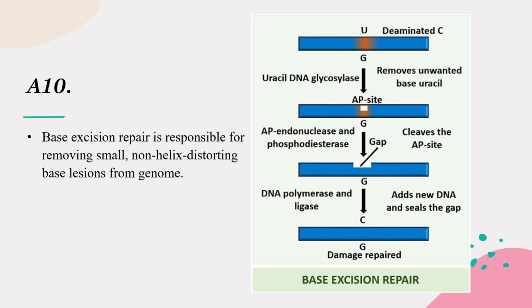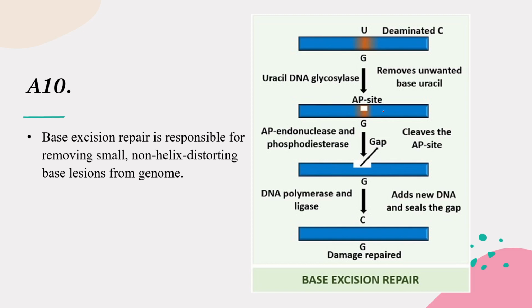AP site means an apurinic or apyrimidinic site. It will completely remove the nucleotide base and there will be one space here, as you can see. That is called an AP site, an apurinic or apyrimidinic site.